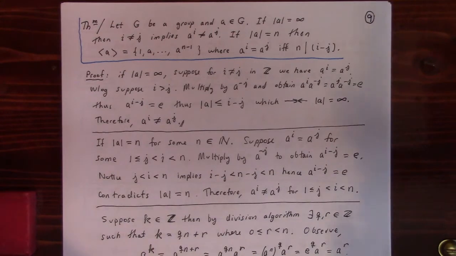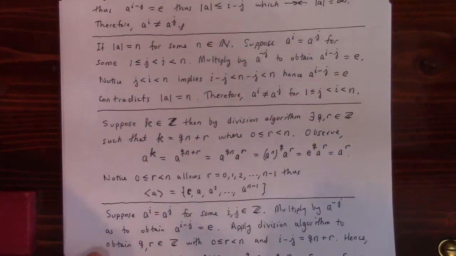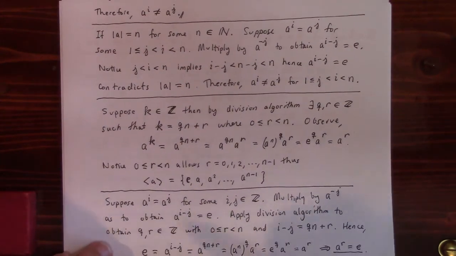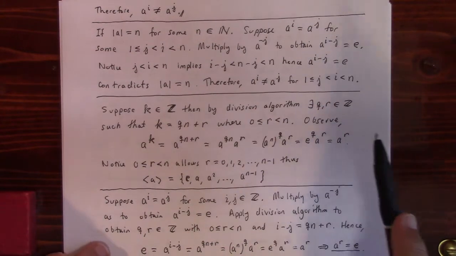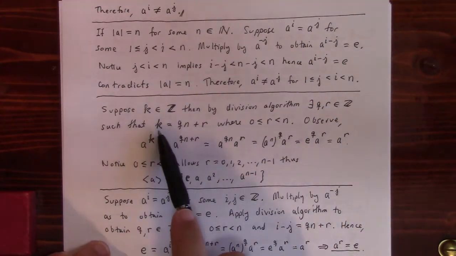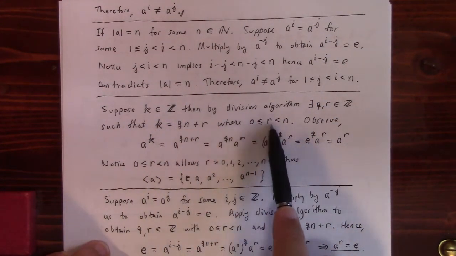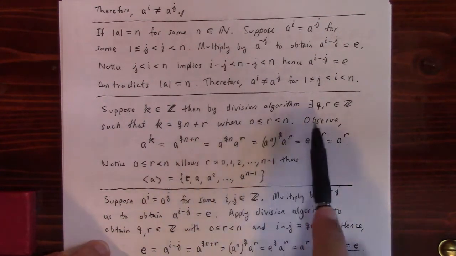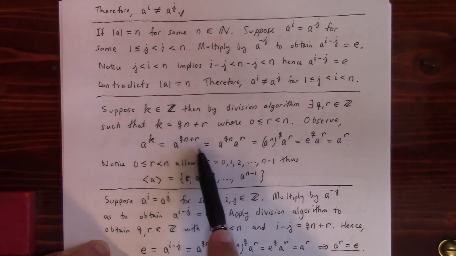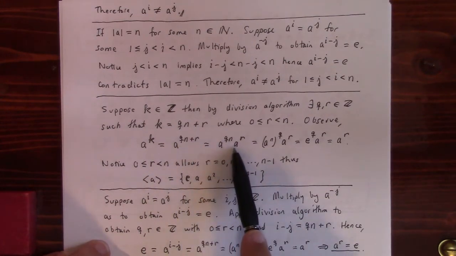And then finally turning to this part of the claim, right? Suppose k is an integer, then by the division algorithm there exist q and r in the integers such that k is equal to qn plus r, where the remainder, of course, is between 0 included and n not included. Observe that a to the power k is a to the qn plus r, which is a to the qn times a to the r.